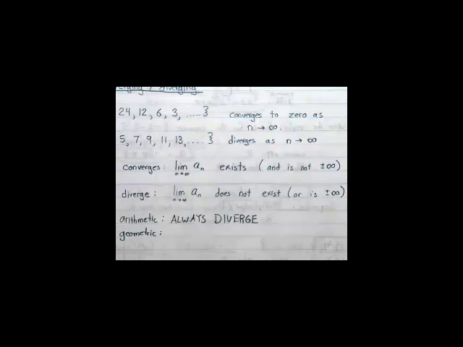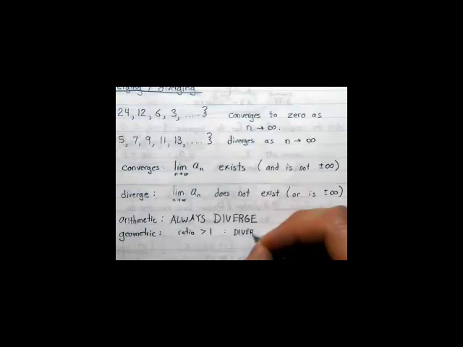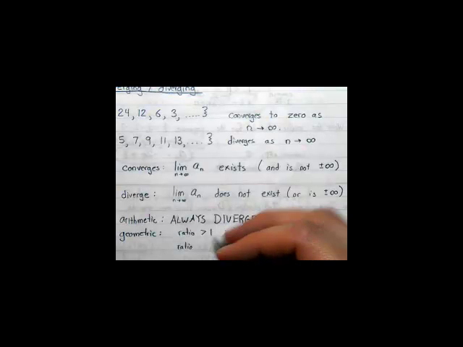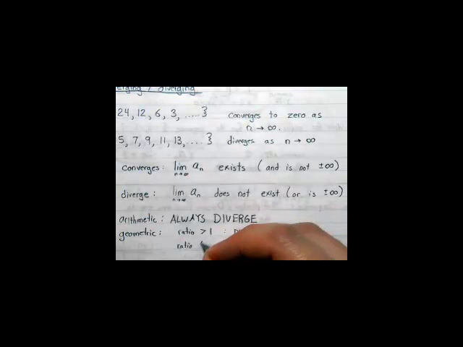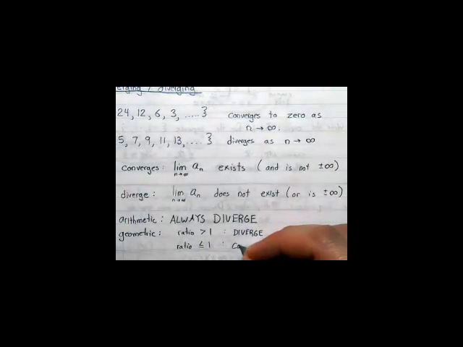Which means heads off to infinity. Doesn't slow down. So if the ratio is greater than 1, it diverges. If the ratio is less than 1, actually less than or equal to 1, then it converges.